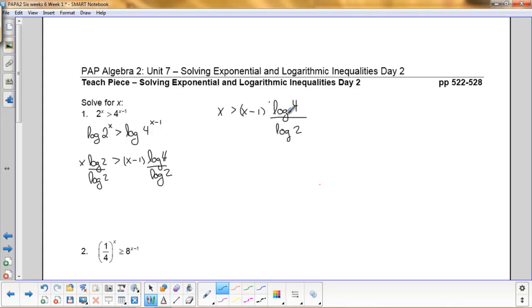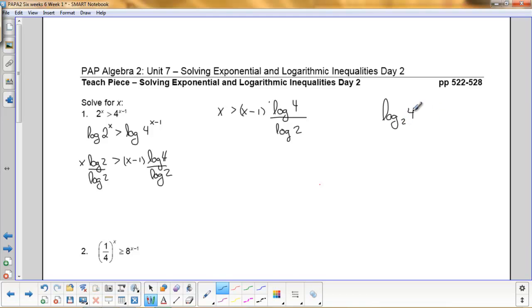Alright, this value of this log turns out to be 2. If you need to see it, this is the change of base formula, so let's move it back to what it was prior to being in the change of base.